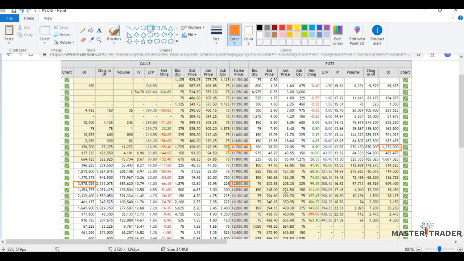Now we spoke about positive. Now what if this data was negative? What if we had negative open interest here? If we come to this change in OI, few columns you see positive and few columns you see negative, right?